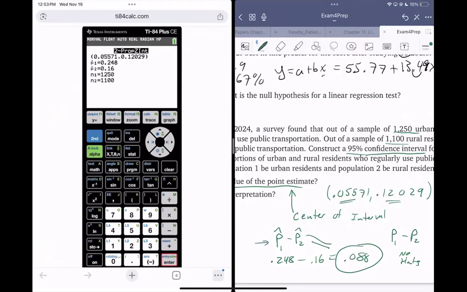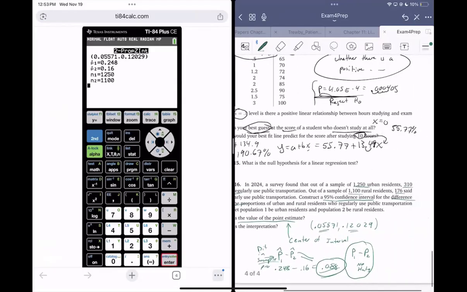The difference in sample proportions, urban ridership compared to rural ridership, is 8%, almost 9%. But that's not my entire urban population and my entire rural population. So I'm estimating that. Anyway, my point estimate is this.